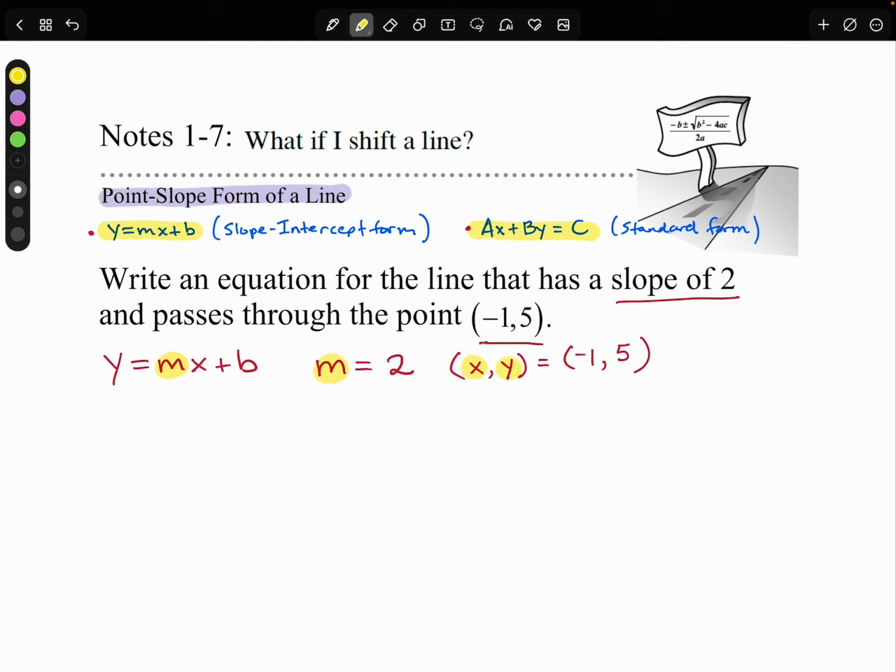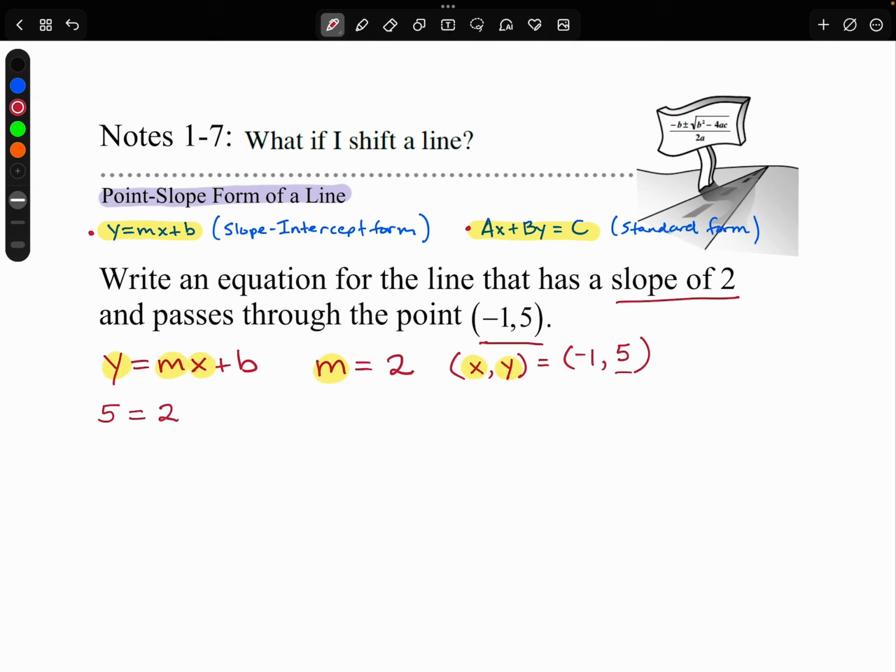If we have an m, we can put our m in. If we know an x and a y, we can plug those in here, and that'll allow us to solve for the b value, which is the y-intercept. Let's go ahead and plug this information in and then figure out what the equation will be.